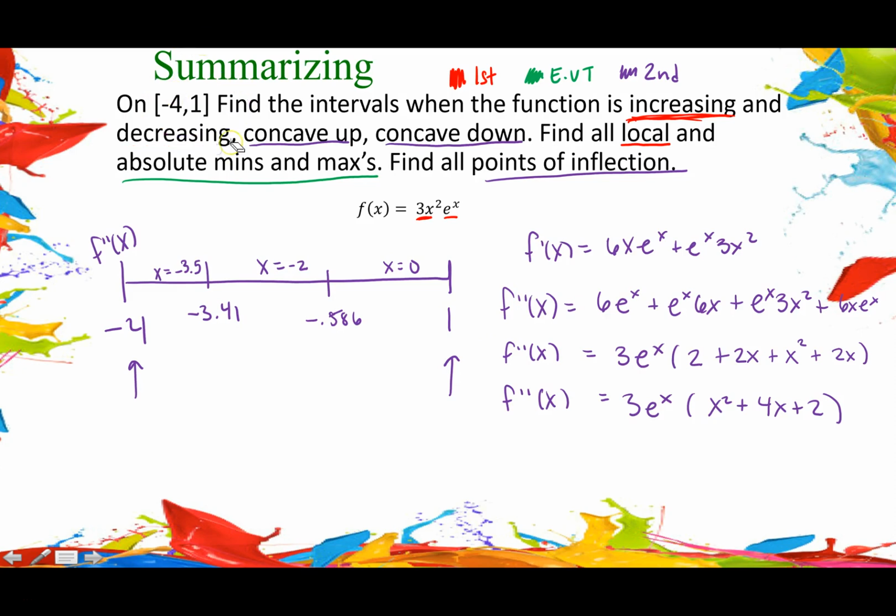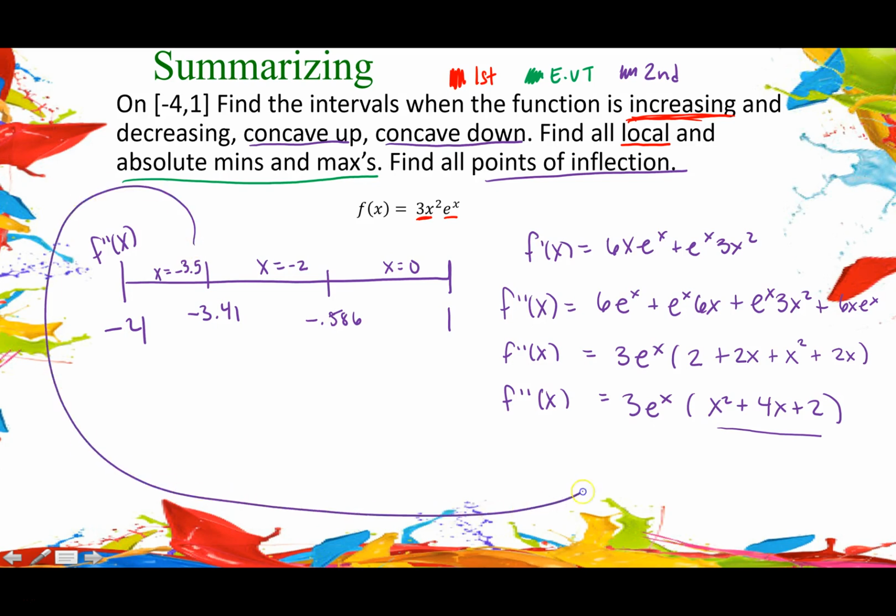And then also when I solved using quadratic formula, I got this value and this value. And then I just chose x values that were in between these ranges. So now I need to take that x value, which is in between that value of negative 4 and negative 3.41, and I plug it into the second derivative. Remember, the second derivative is this, and we're plugging that x in everywhere we see an x.